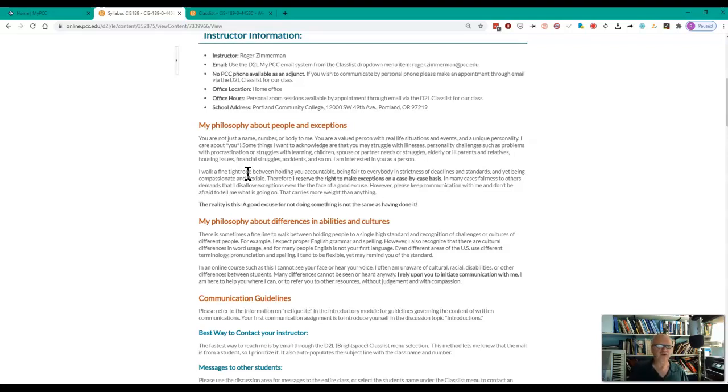Those kinds of things are real life things that happen. Now, I try to be flexible and understanding, and most students tell me that I actually bend over backwards too much, but there is also an issue of fairness.